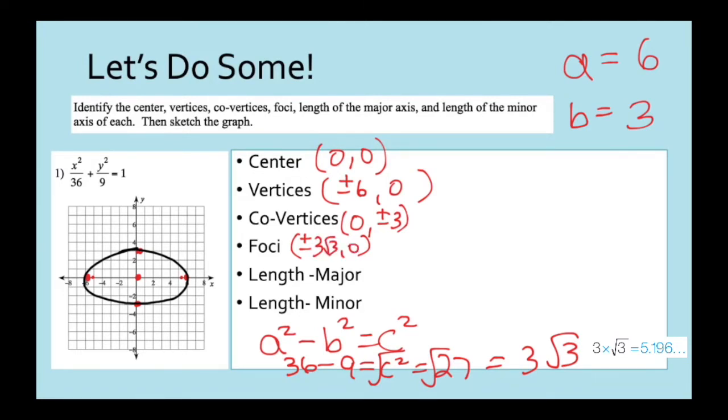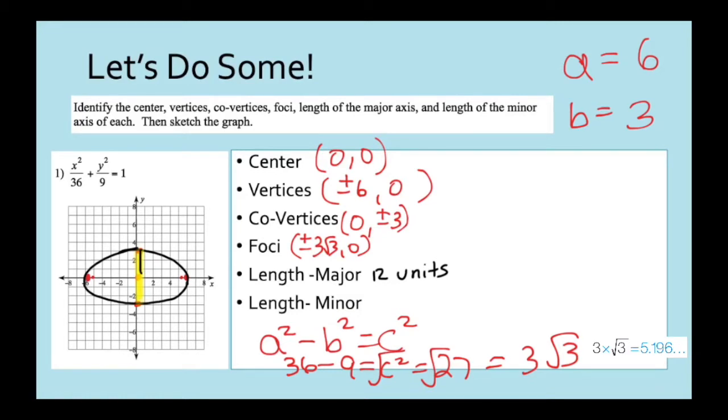The length of the major axis is what we're going to do next. And the length of that major axis is right here. We know that this part is 6. That means the other part's 6. So it will be a total of 12 units long. And the minor axis is this distance right here.